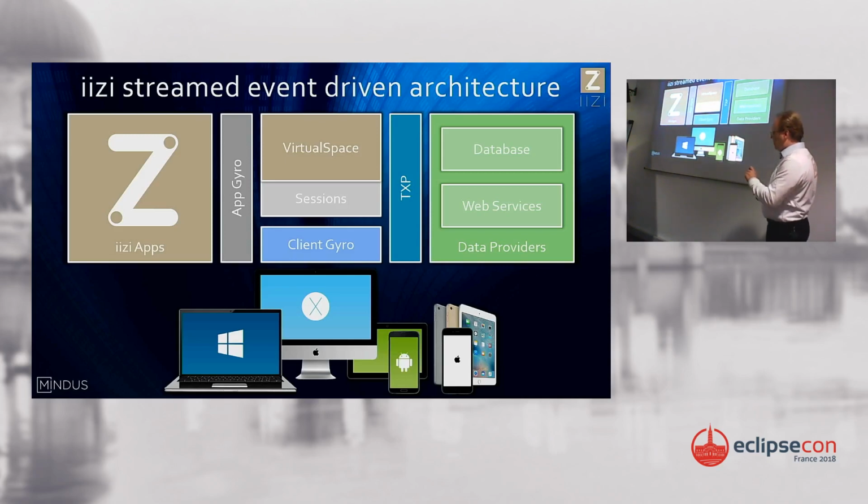And on the right-hand side, we've got data providers or Java code, and also a very important part, a transaction processor. If you have, for example, multiple database requests, one going from that database and one going to that database, for example a money transaction, this will make sure that the operation will complete correctly or not partially.